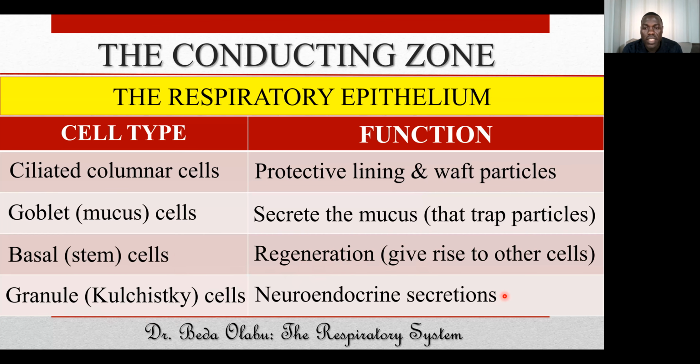They also secrete some hormones. I told you that the respiratory system has endocrine functions. We'll not talk about those hormones today, but maybe another time when we'll be looking at the endocrine system next trimester.